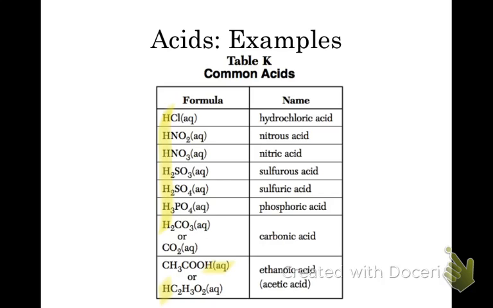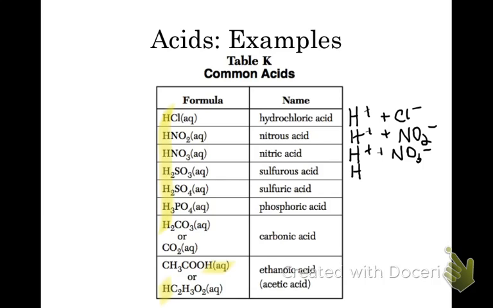So the whole point of these acids is that they can break up into solution. So when you have hydrochloric acid, it breaks up into H+ and Cl-. HNO2 will break up into H+ and NO2-. HNO3 is H+ and NO3-. Let's see, we have H2SO3.